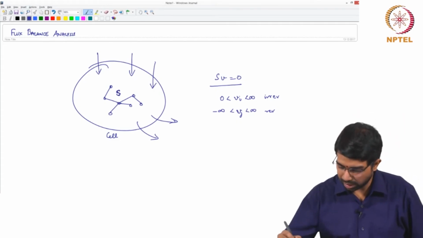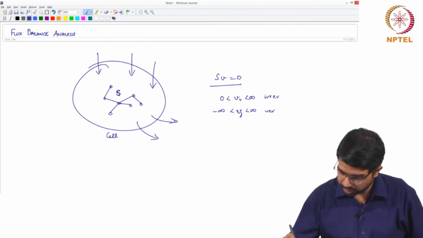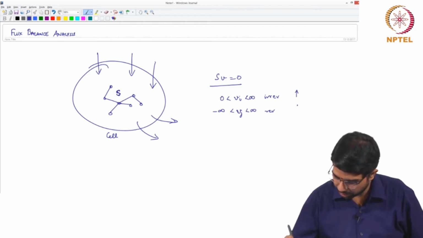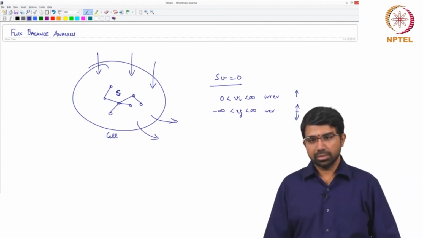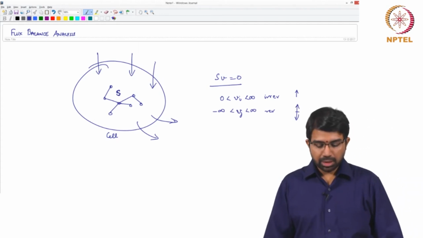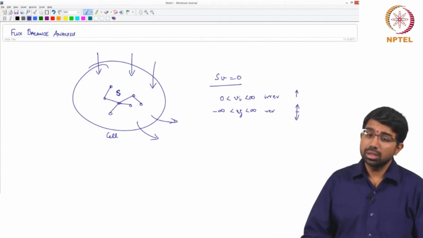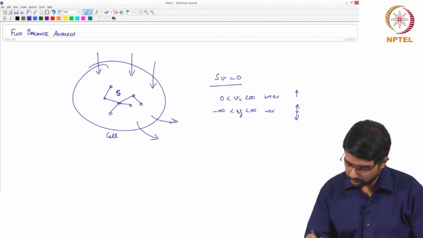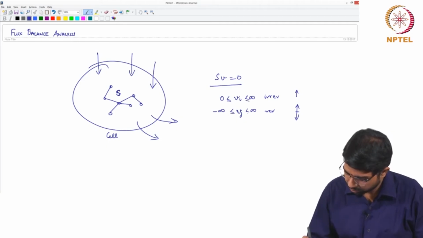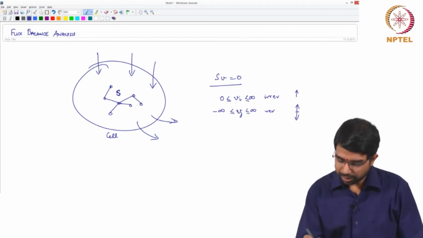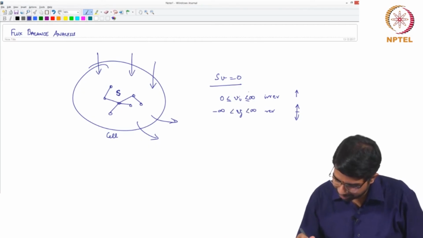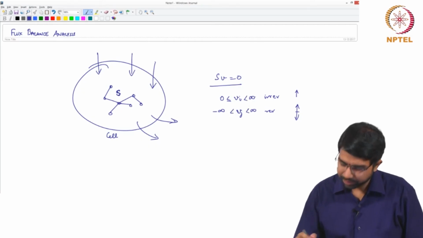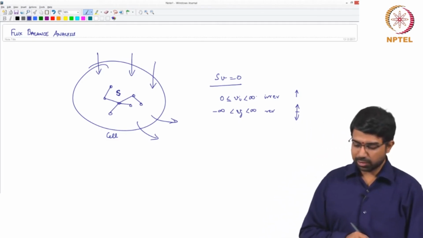We know that this has to be only in this direction, and this can be in either direction reaction, right, the values. So, it can be 0 of course.